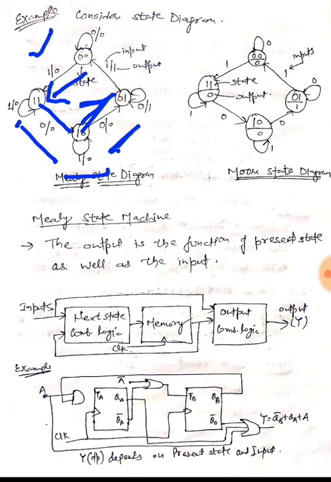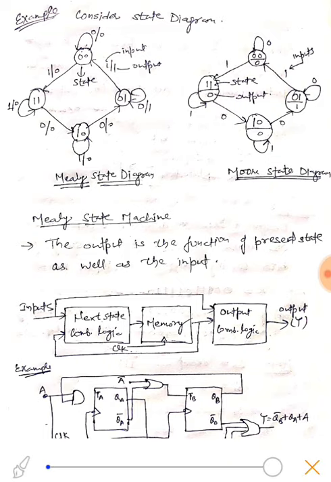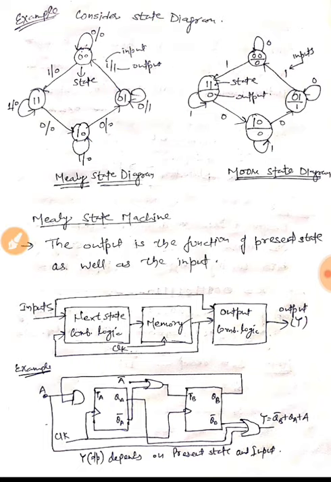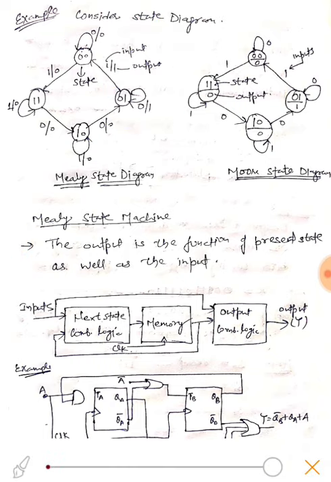Similarly, if it is in state 1 over there and I provide input 1, then it will move to the first state, that is 0 0. It will move to the initial state, and if the input is 0, it will remain in the same state, that is 0 1. So in Mealy machines we provide both the input and the output on the transition.